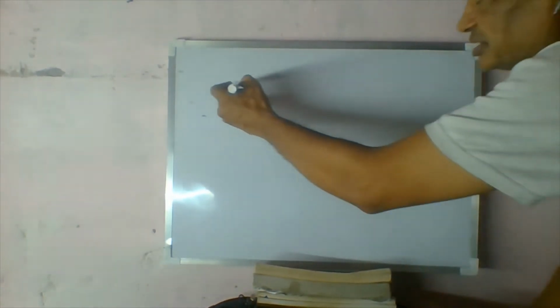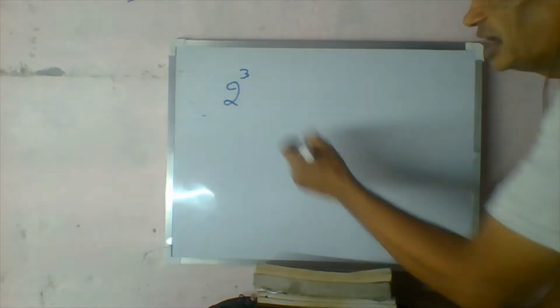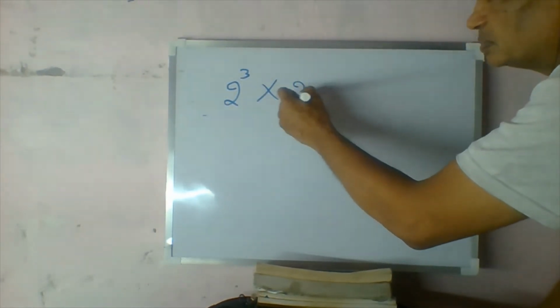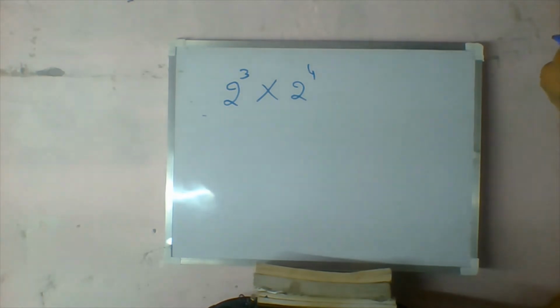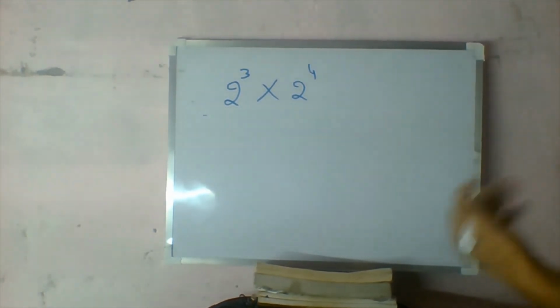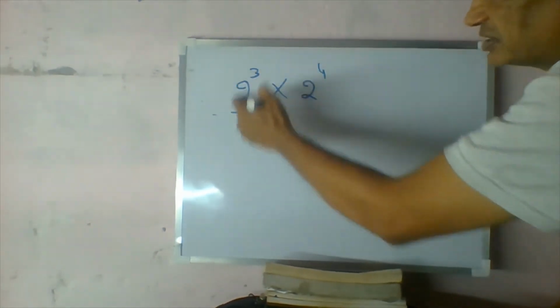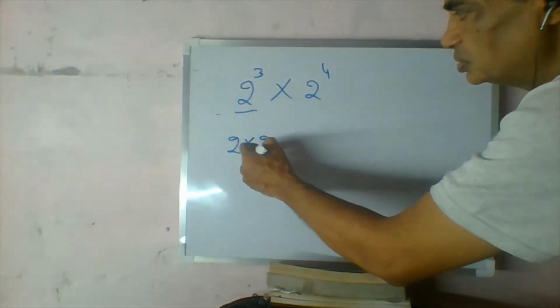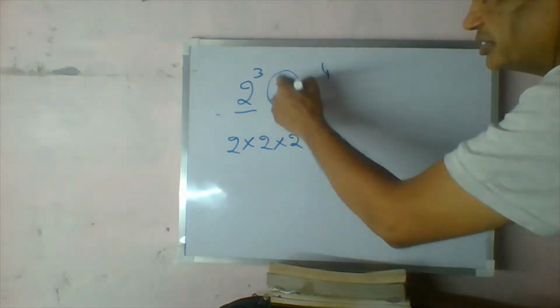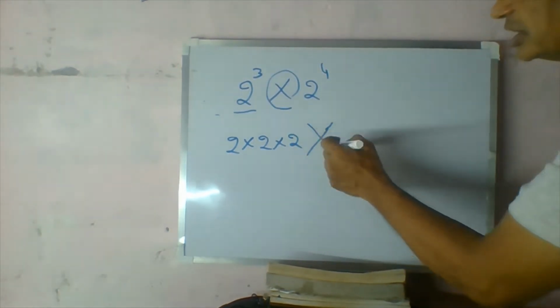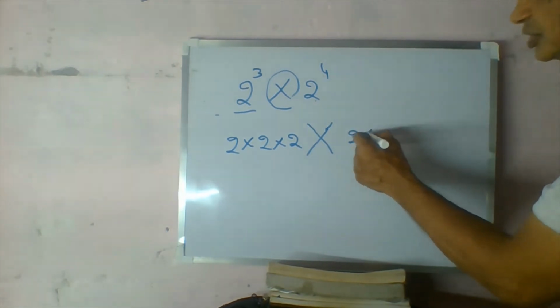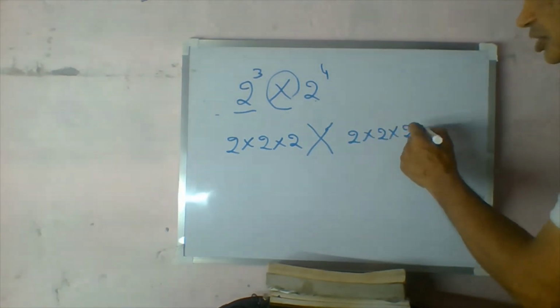Now we will examine what further we can do with these exponential notations. The first case in mind is, let us say, 2 raised to power 3 and we have to multiply it with 2 raised to power 4. Now what to do? How to solve it? Let us first see: 2 raised to power 3 is 2 into 2 into 2, and 2 raised to power 4 is 2 into 2 into 2 into 2.